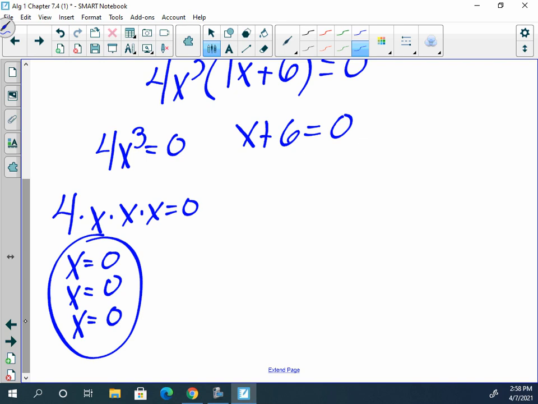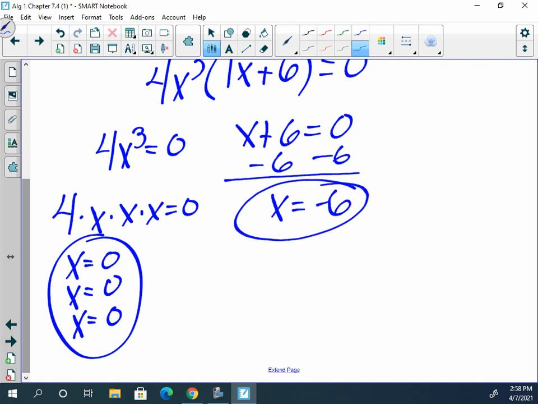So I got 0 3 times. They're all going to be 0 because the only way I can have 4 times x to the 3rd equals 0 is if x is 0.